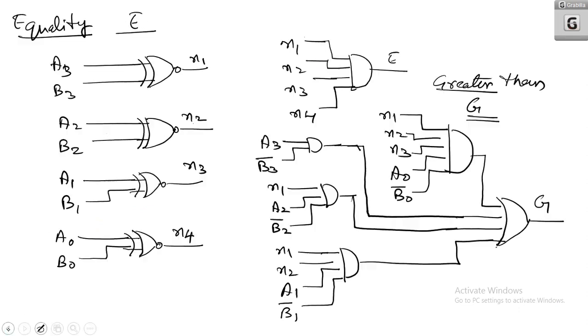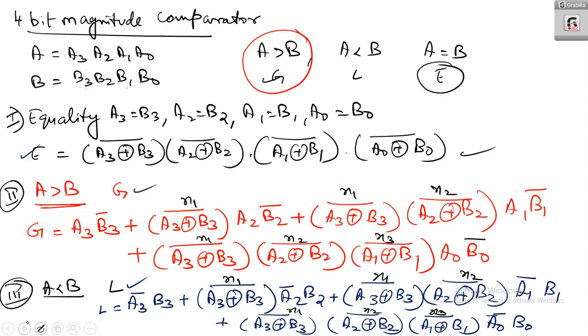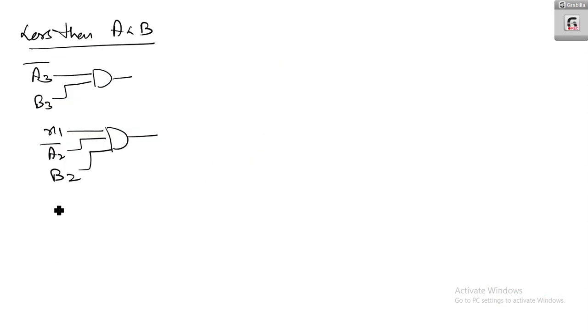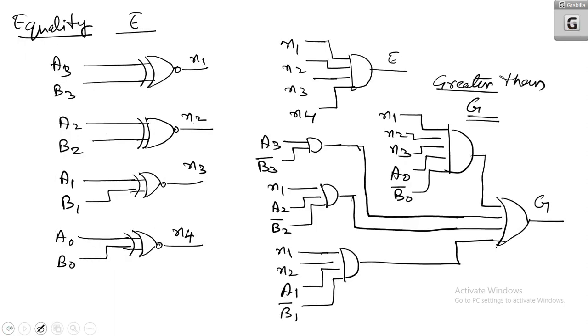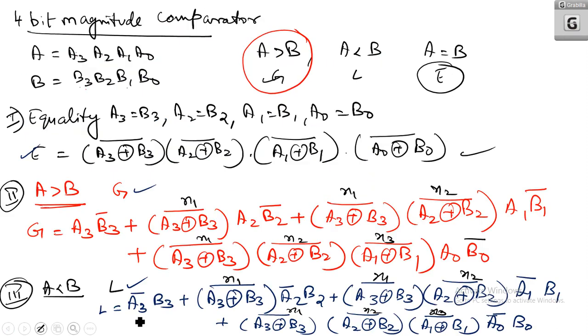Now what is the third element? Third element is H1 X2 A1 bar B1, right? So that is the third element. So you have AND gate over there. Now what is the last element? Last element is H1 X2 X3 A0 bar B0.